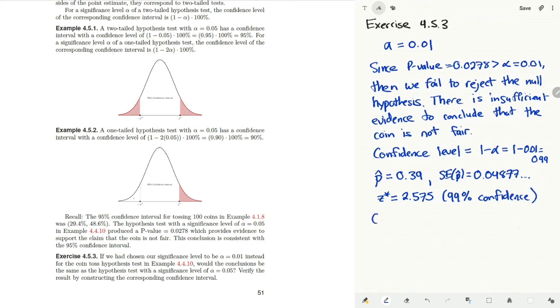So now let's construct our confidence interval. We take our point estimate, which is 0.39. We add and subtract the critical value of 2.575 times the standard error.